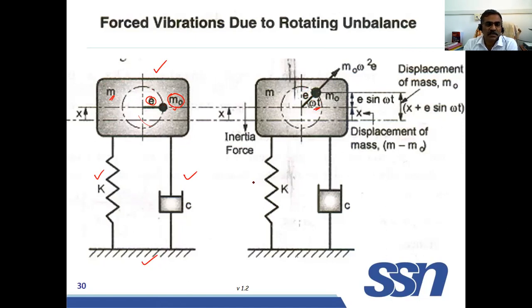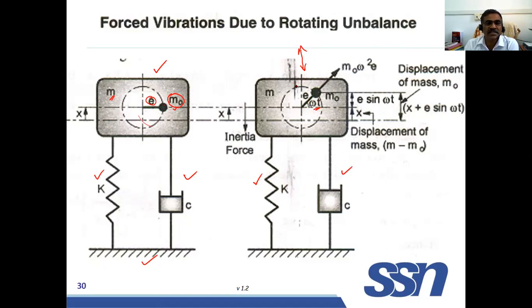Since the supports are deflecting in the vertical direction, what will be the force acting in the vertical direction? The exciting force, the forcing function, will be the centrifugal force into sine theta. That will be the vertical force.